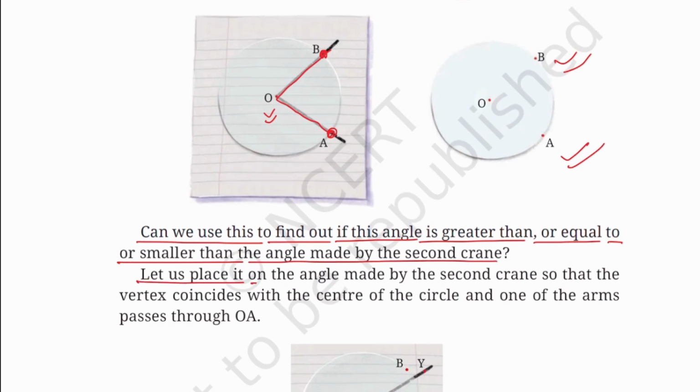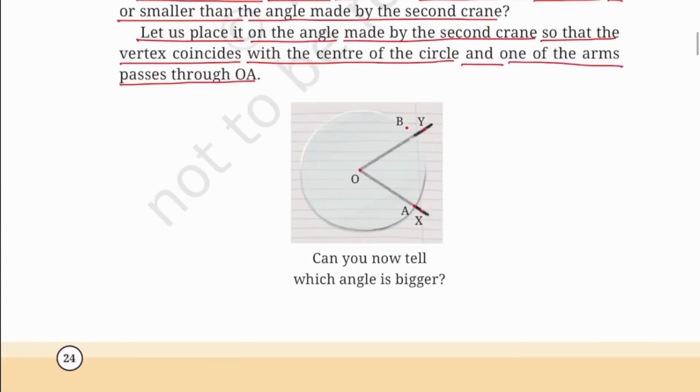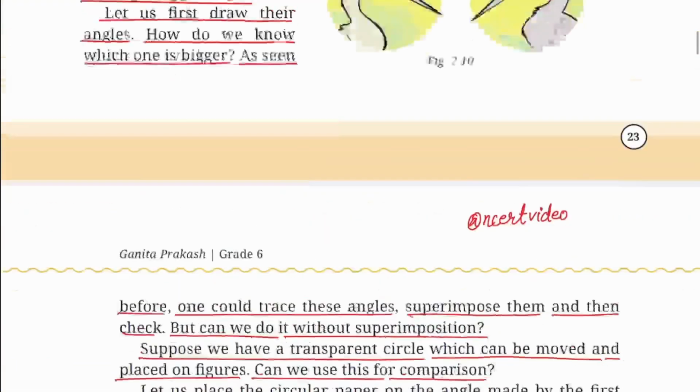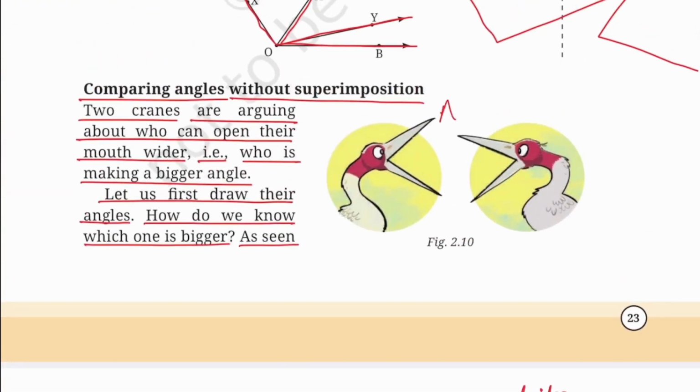Let us place it on the angle made by the second crane so that the vertex coincides with the center of the circle and one of the arms passes through AO. Like this. Can you now tell which angle is bigger? The two cranes are making angle AOB and XOY.